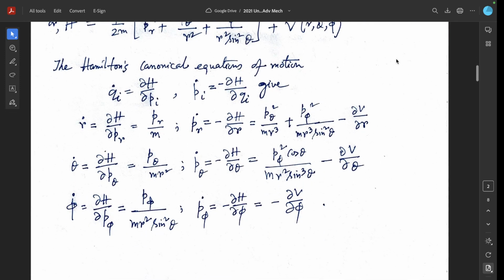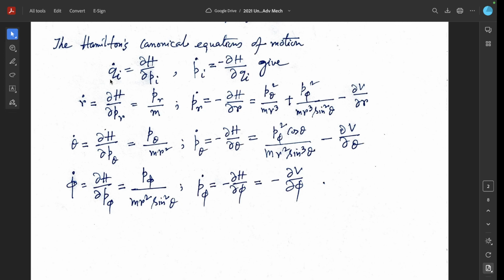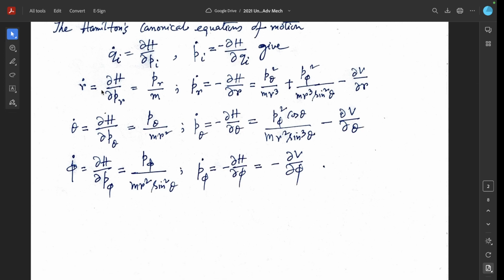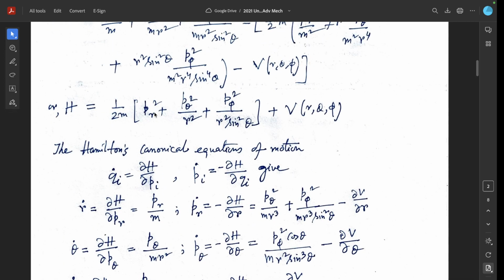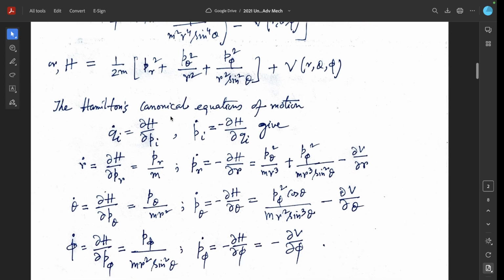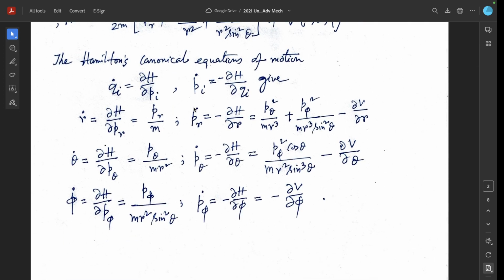The Hamilton's canonical equations of motion are given by q i dot equal to del H by del p i, p i dot equal to minus del H by del q i. This gives r dot equal to del H by del p r, so p r by m, because H is this, so 1 by 2m into 2 p r. And p r dot equal to minus del H by del r, theta dot equal to del H by del p theta, p theta dot equal to minus del H by del theta, and phi dot equal to del H by del p phi, and p phi dot equal to minus del H by del phi, which equals minus del V by del phi.